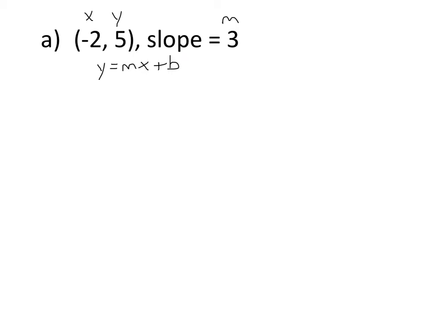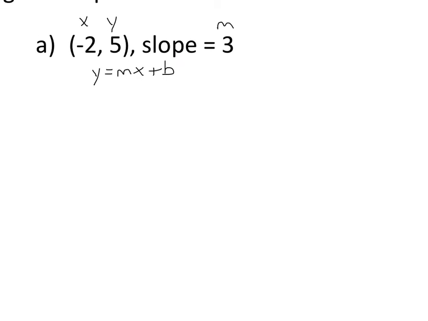We're going to have 5 equals, my m is 3, my x is -2, plus b, again solving for b. So I get 5 equals -6 plus b, add the 6 over and get 11 equals b.